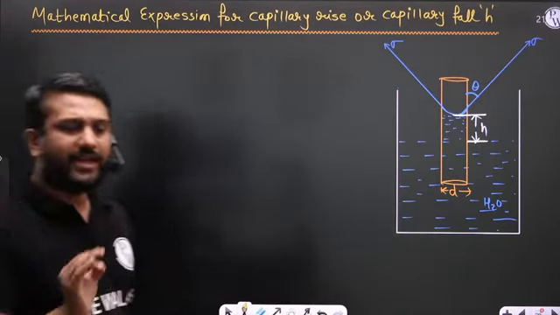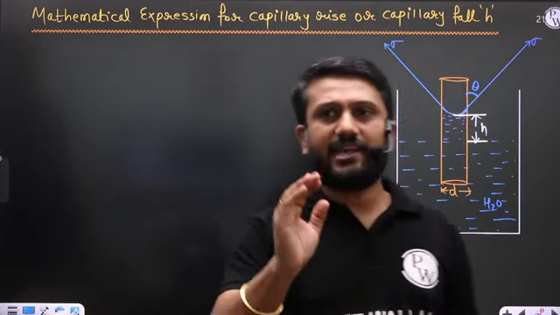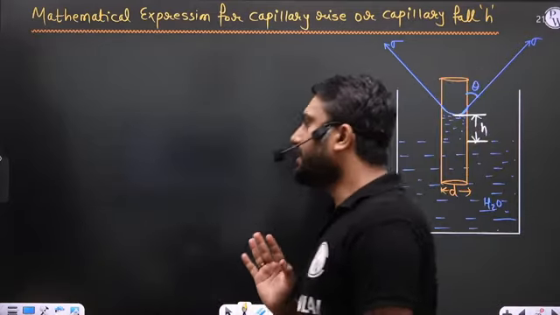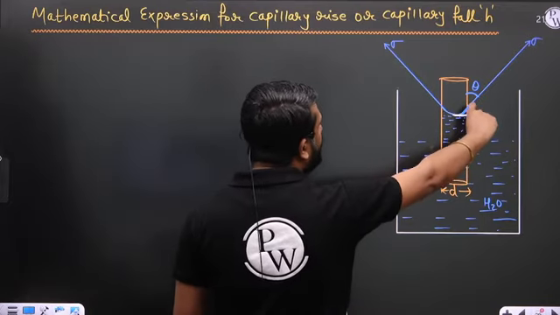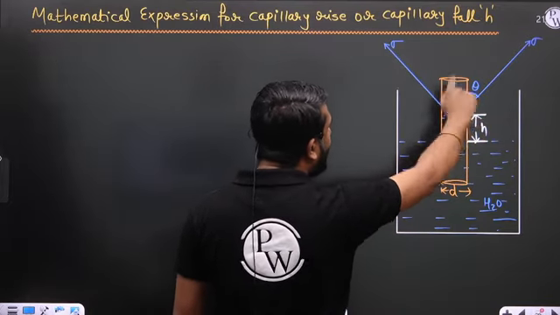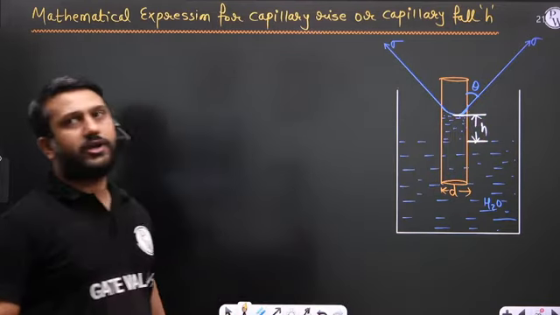So beta, this is very simple. At the equilibrium condition, the weight of the water which rises up to height H is balanced by the vertical component of the surface tension force.